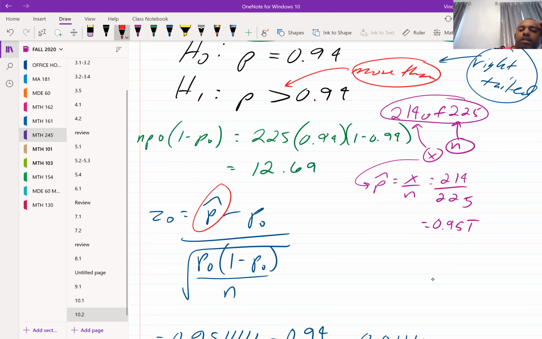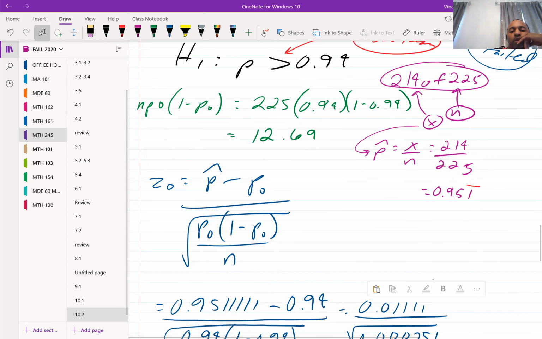P hat is X over N. That 214 of 225, the 214 is my X. 225 I already mentioned is my N, so 214 over 225 is 0.951111, so that one is being repeated. That's why I just put the bar over the one. And now plug it into the formula.